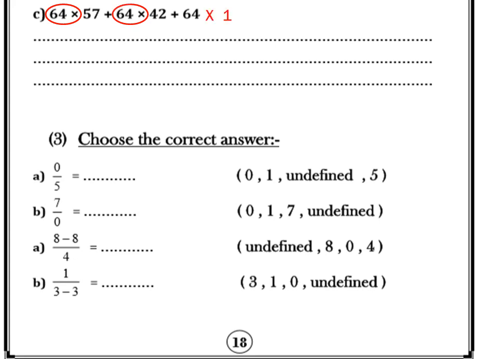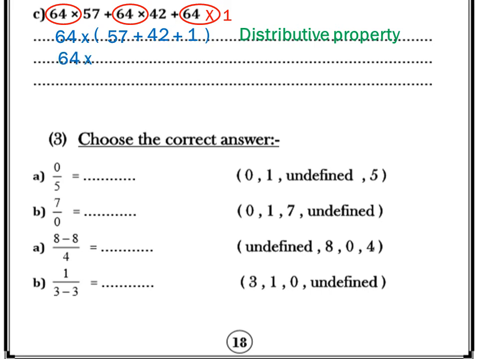So we are going to make it times 1 first, then circle the 64 and multiply. And now collect the repeated number 64 multiply like this. Open bracket and write the rest. 57 plus 42 plus 1, and don't forget to write the 1. And now close the bracket. The name of the property is distributive property.